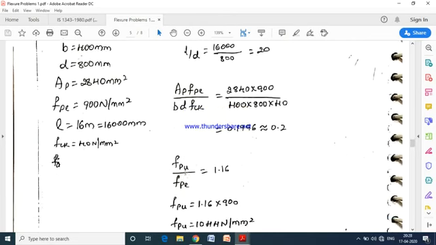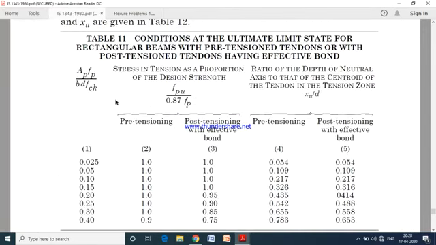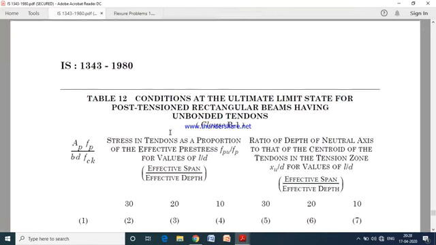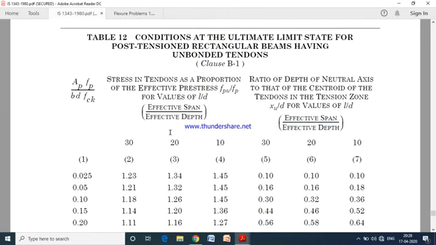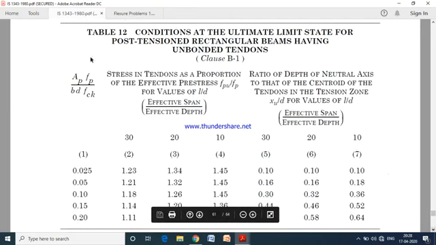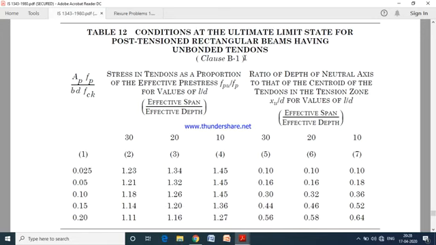For unbonded, refer to the same code book, Table 12. Here you can see conditions at the ultimate limit state for post-tensioned rectangular beams having unbonded tendons. Here it is Ap fp by b d fck, and the effective span to depth ratio is given.